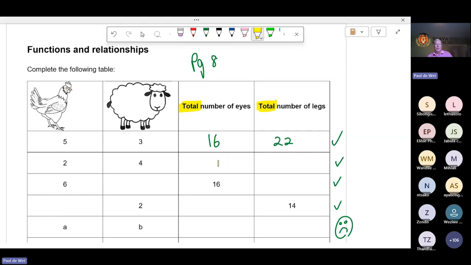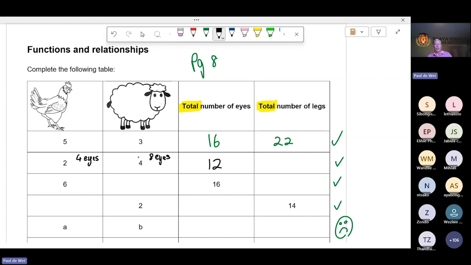How many eyes will there be if we've got 2 eyes on each hen? We've got 2 hens, and we've got 2 eyes on each sheep, and we've got 4 sheep. Okay, this is going to be 12. All right. Well done, everyone. It's going to be 12. Okay, I'm hoping people are understanding. Guys, the two hens will have 4 eyes altogether. 2 times 2. The 4 sheep will have 8 eyes altogether.